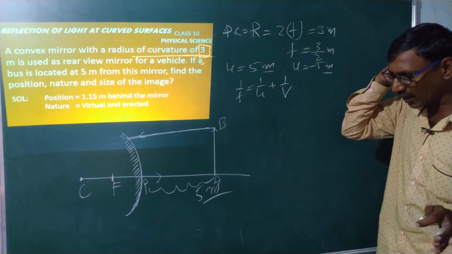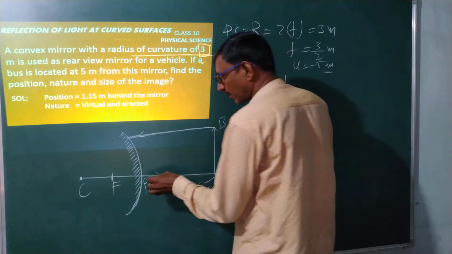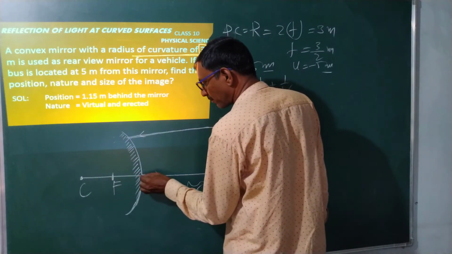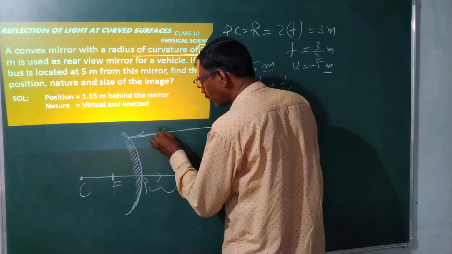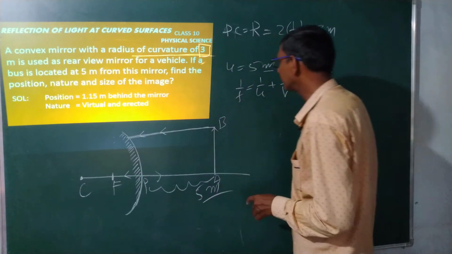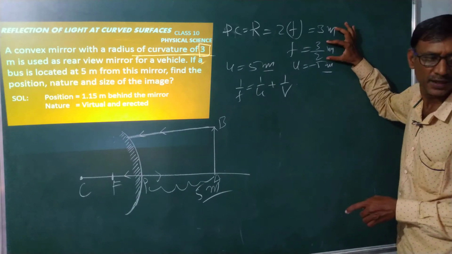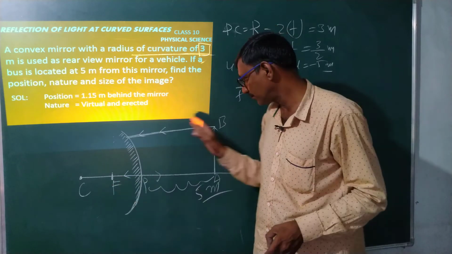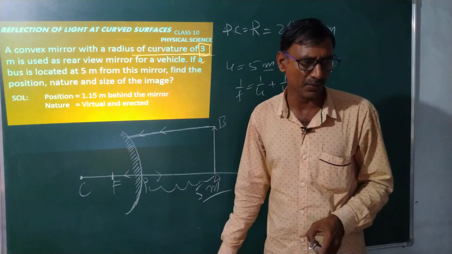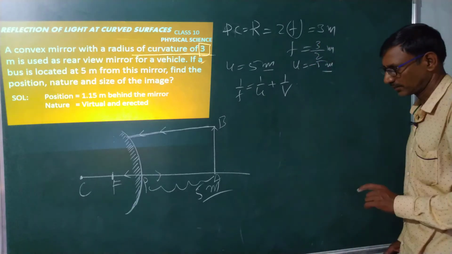Now coming to the next point. F is measured from the pole to the focus. Both are in the same direction. So F is always positive, because the direction from pole to F is the same as the direction of the incident ray. So F is plus 3 by 2.